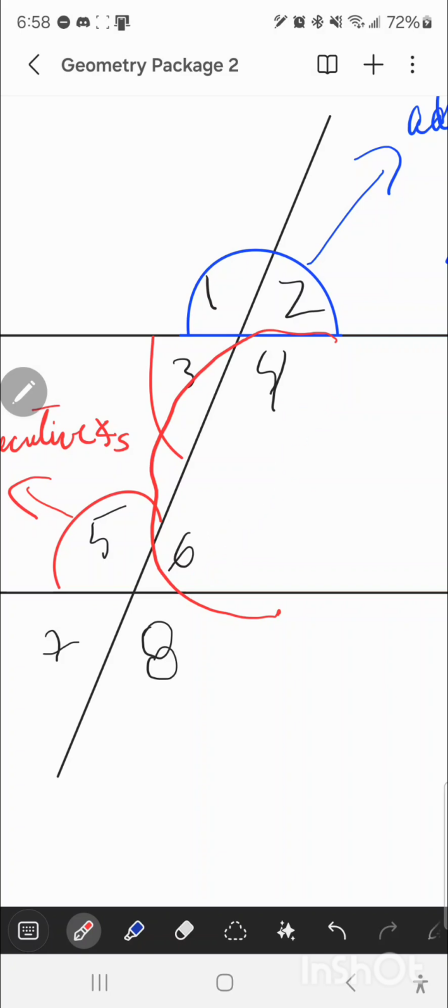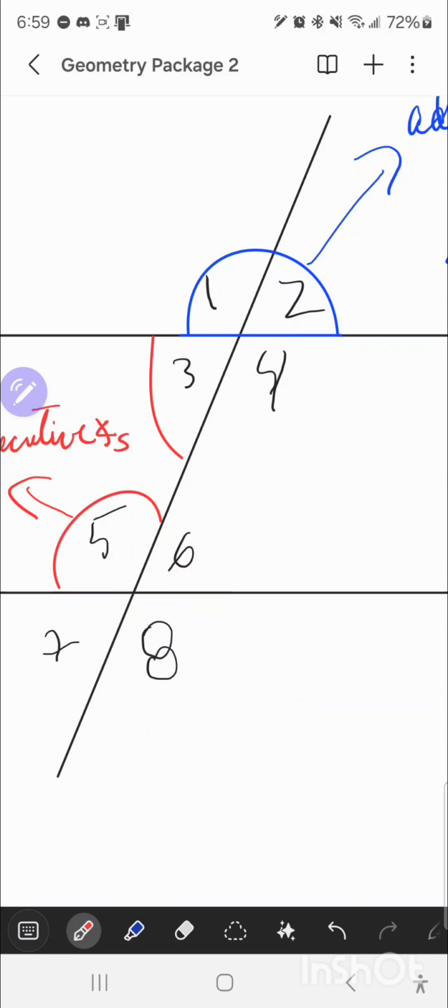You can also call them consecutive interior angles, but interior just means inside, and 4 and 6 are inside of the C. So basically, that's the reason for the interior part, so consecutive interior angles. I haven't seen this, but you can also say that 2 and 8 are consecutive exterior angles because they are right outside of the C. I used it a lot more in Cuba when I did geometry there.